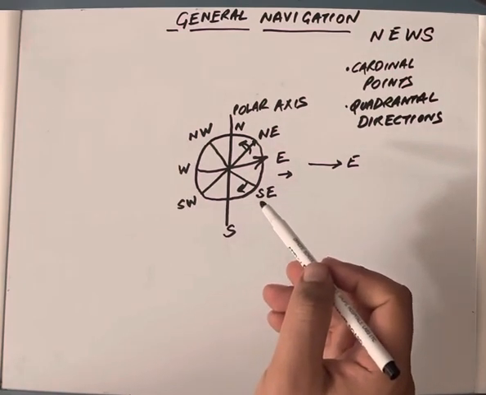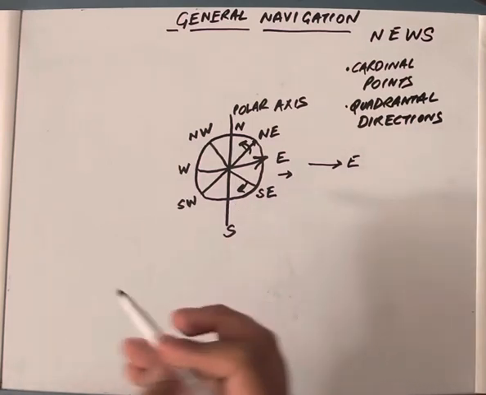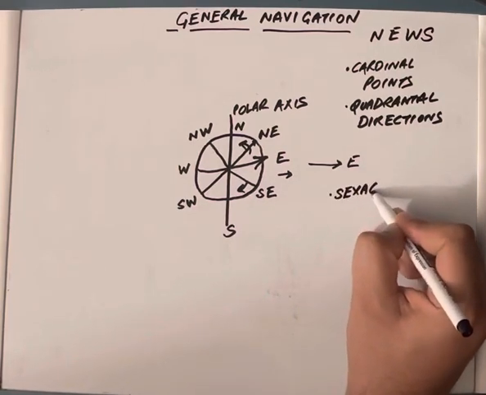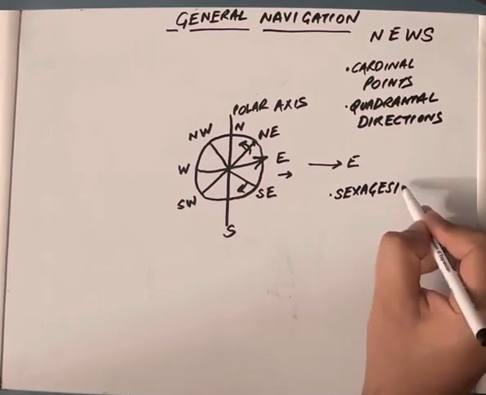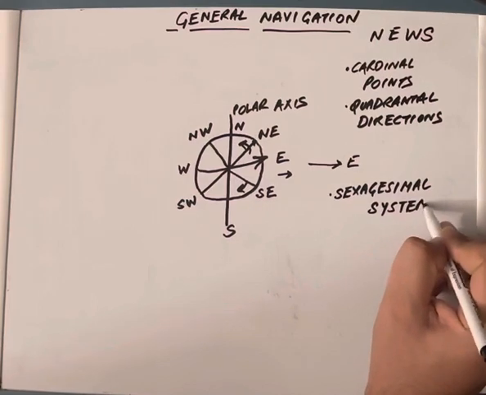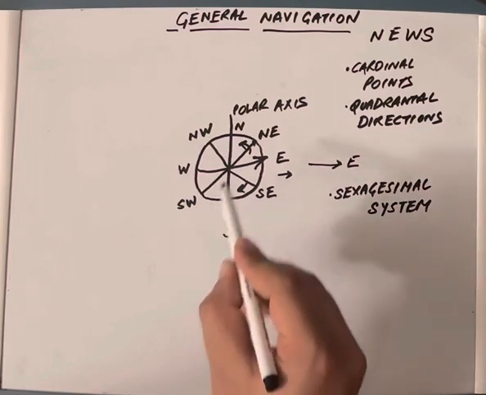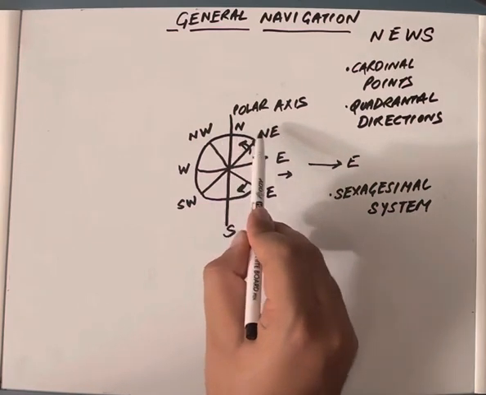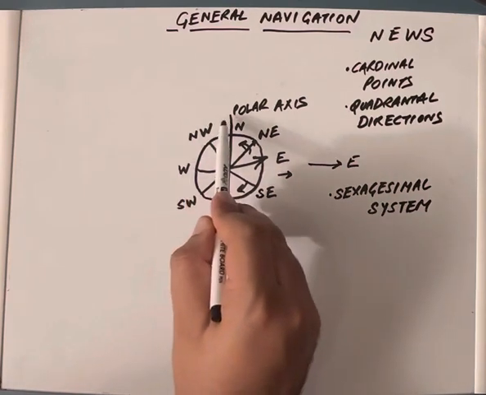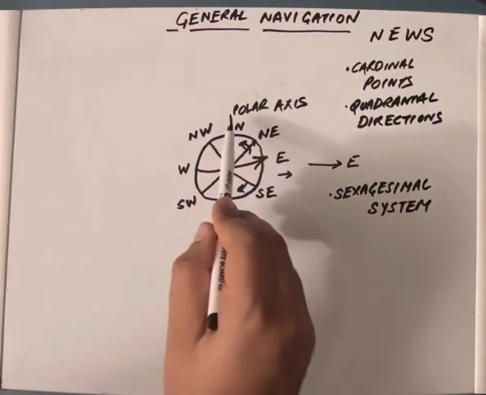So now we have adopted a more complex system, which is known as the sexagesimal system. In this system, we take the clockwise rotation from north to east to south to west and further north, and represent it by the 360 degrees of a circle.